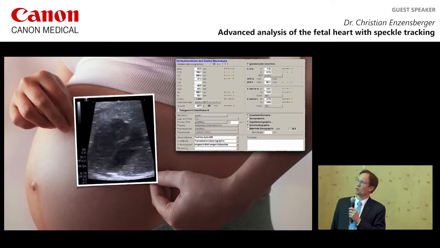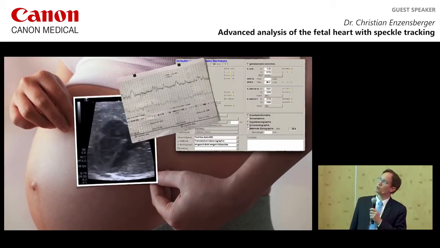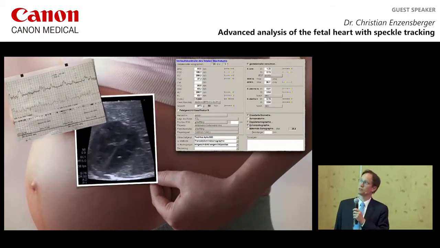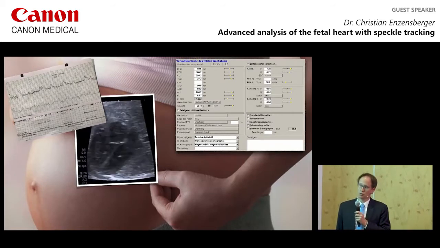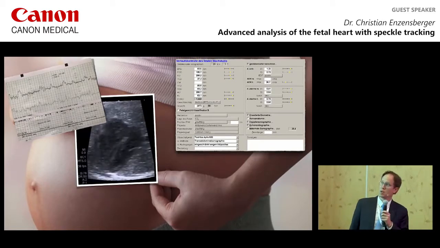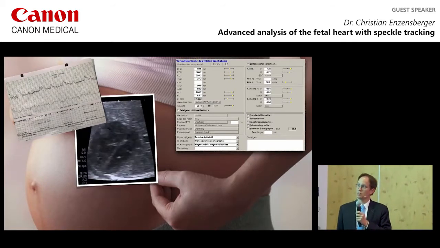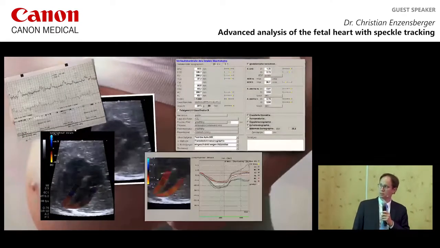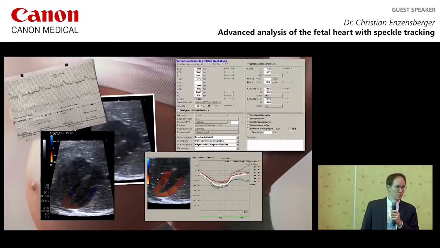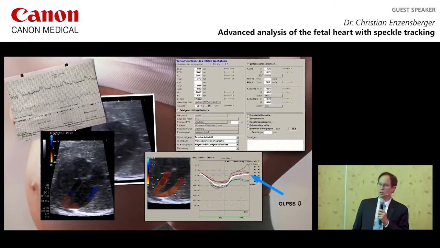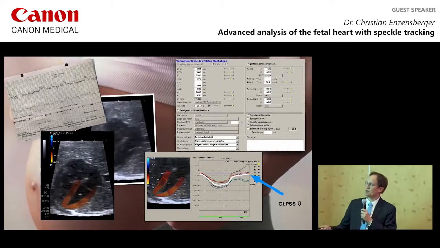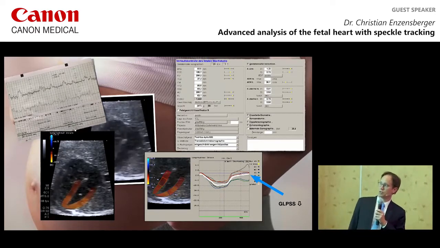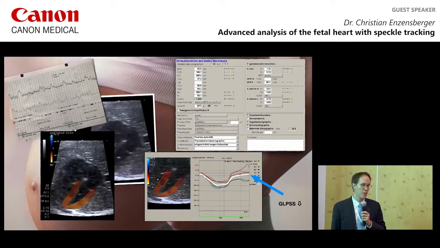And now, we have a normal CTG at this gestational age, and when we have a closer look at the way the myocardium is moving, then we can recognize by speckle tracking that there is a reduced movement, expressed by a reduced global longitudinal peak systolic strain.